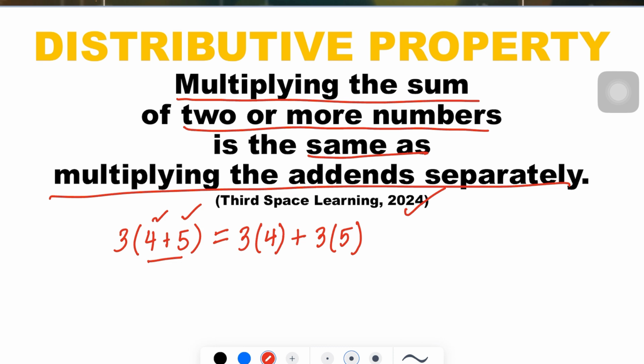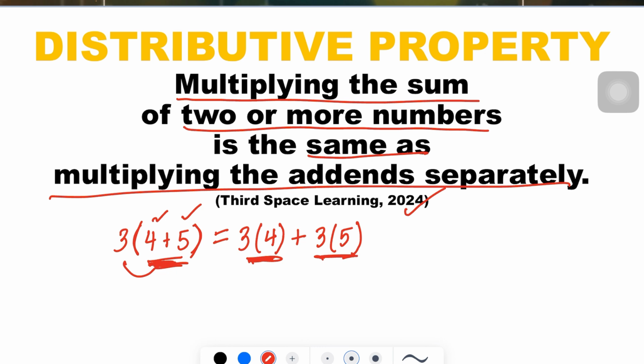That's what the distributive property says. This is multiplication, isn't it? The sum multiplied by 3 is equal to multiplying the addends separately, and we've separated them.